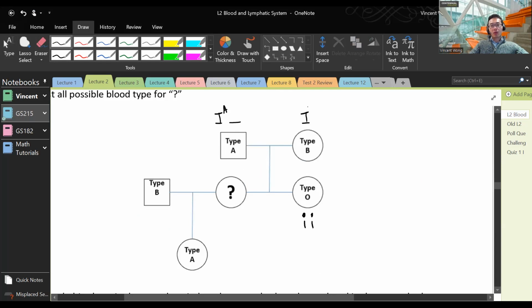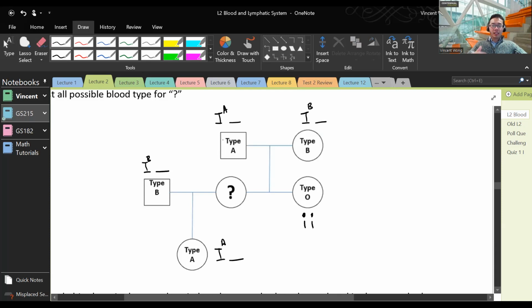For type B, we know it's going to be IB something. For type B here is IB something again, and then IA something. Okay, so that's about as much as we can do without putting too much thought into it.